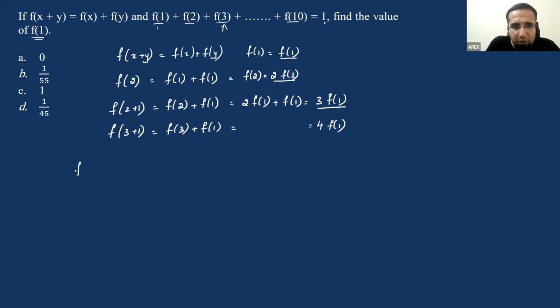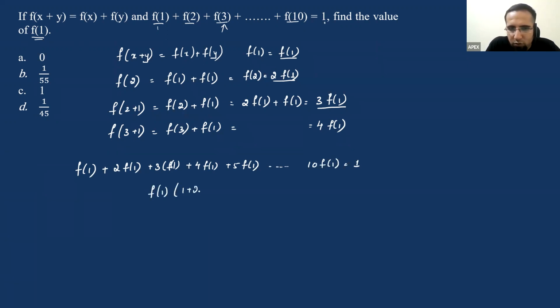So I can rewrite my equation as f of 1 plus 2 times of f of 1 plus 3 times of f of 1 plus 4 times of f of 1 plus 5 times of f of 1 and so on till 10 times of f of 1 is equal to 1. Now we take f of 1 common here.